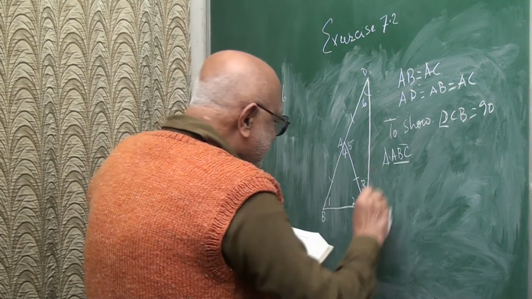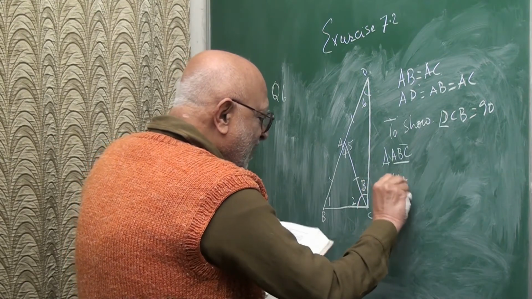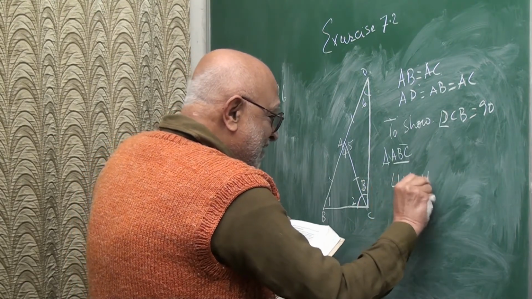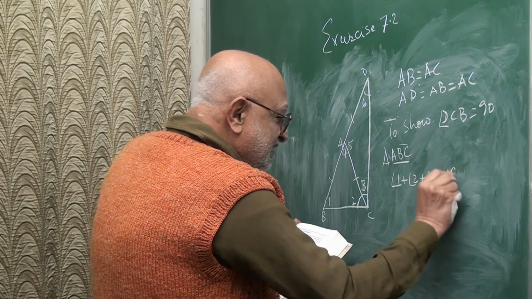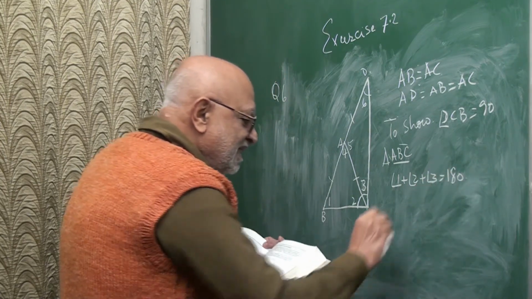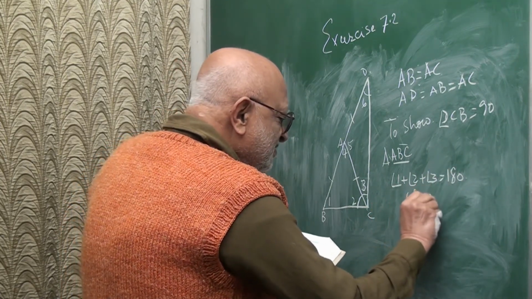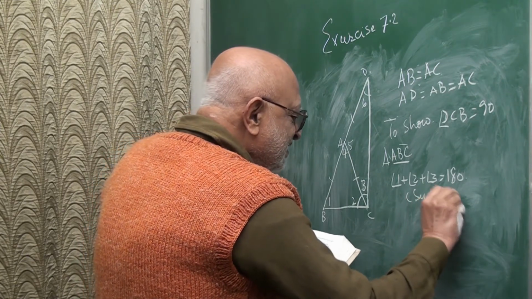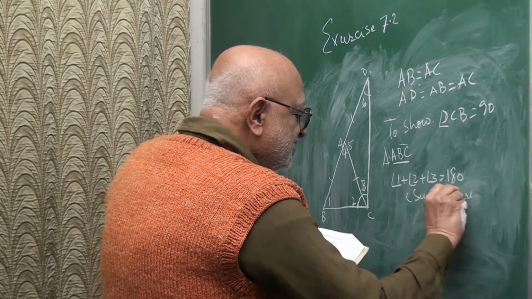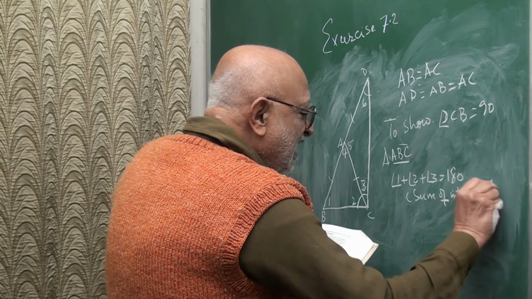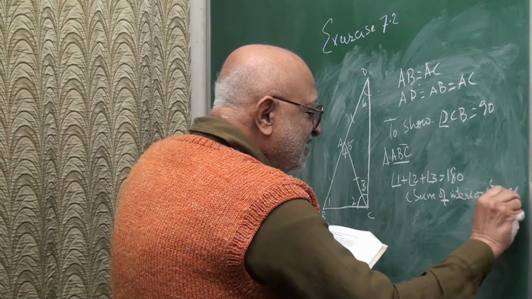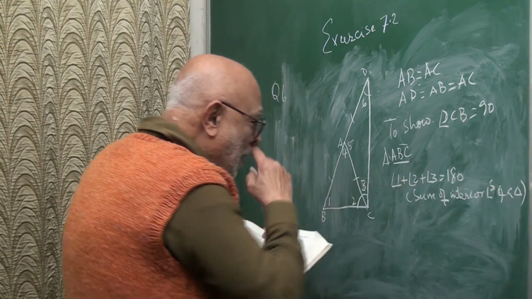In triangle ABC, angle 1 plus angle 2 plus angle 3 is equal to 180 degrees. Why? The sum of interior angles of a triangle.